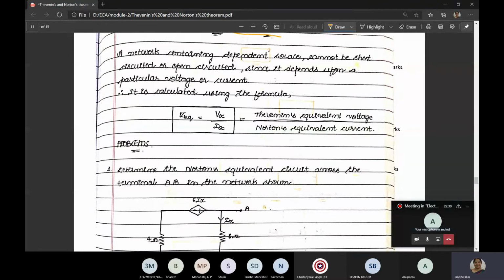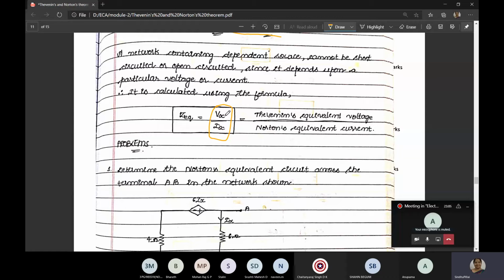A network containing a dependent source cannot be short circuited or open circuited since it depends upon a particular voltage. So we have to go with the formula: Z equivalent is nothing but resistance, and resistance is voltage divided by current. Same Ohm's law. What is this voltage?